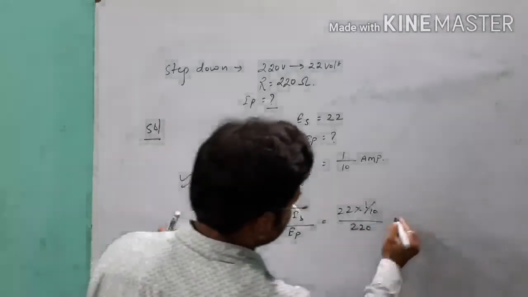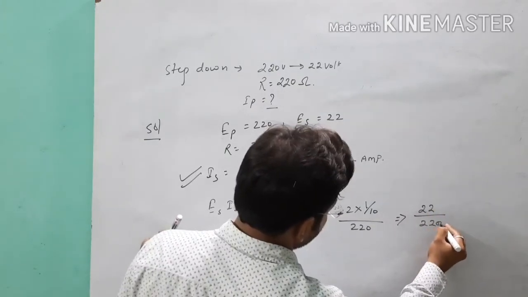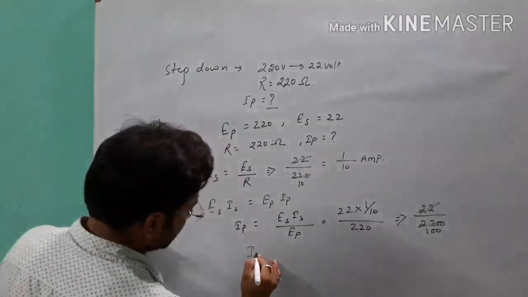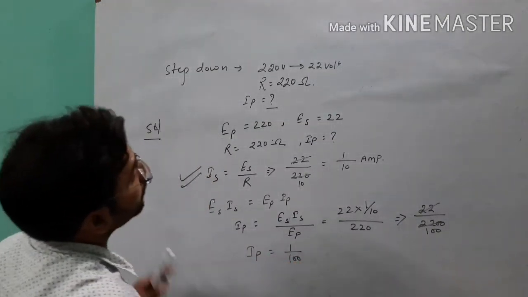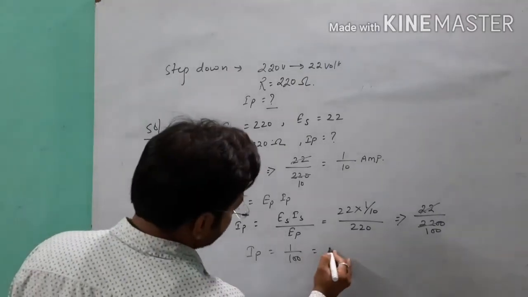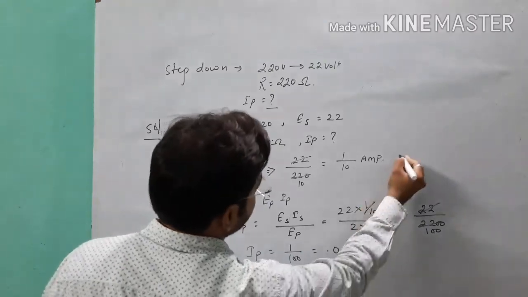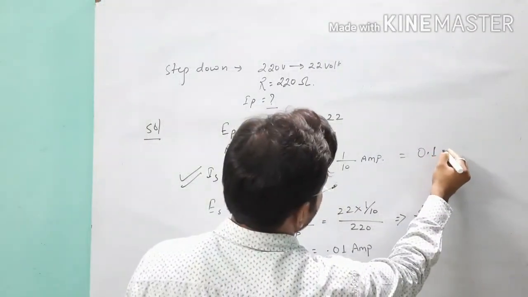So from this relation we can find the value of Ip, which is equal to 1 upon 100. So it is equal to 0.01 ampere, and Is is equal to 0.1 ampere.